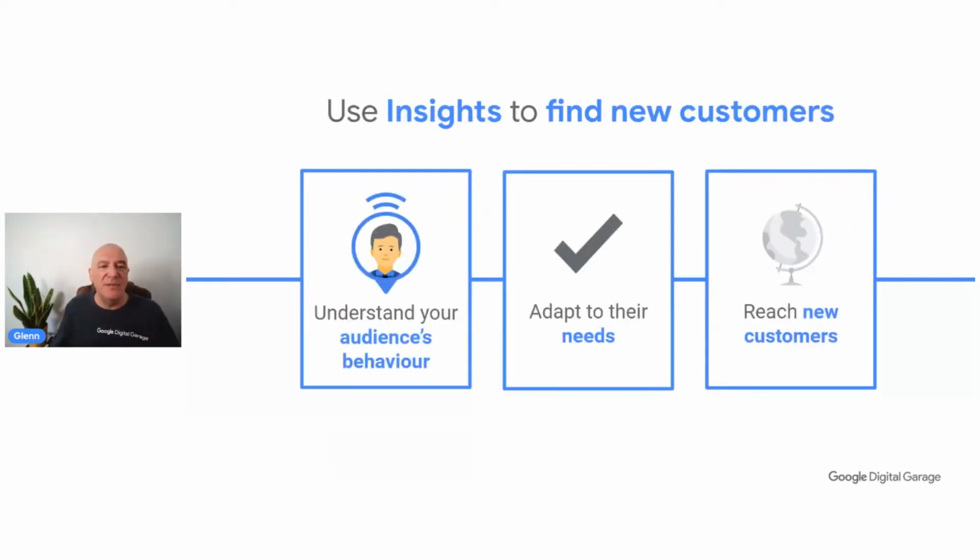So that will help you to understand your audience's behavior. That's important. Adapt to their needs. What is it they want? Remember, you're the solution to your audience's challenges. And then that helps you to reach new customers. And then hopefully what people will do is, again, leave you reviews saying they just gave me everything I needed at the time I needed it, and I had a seamless experience.